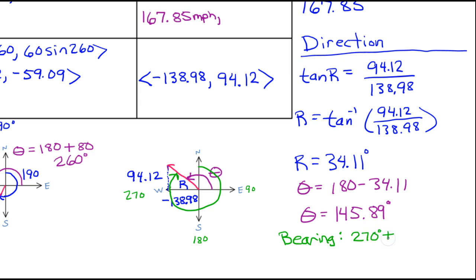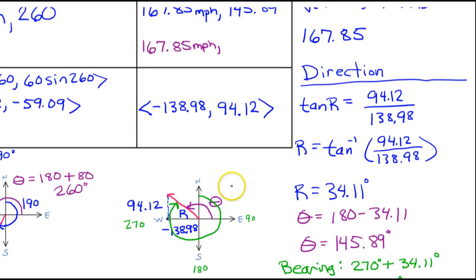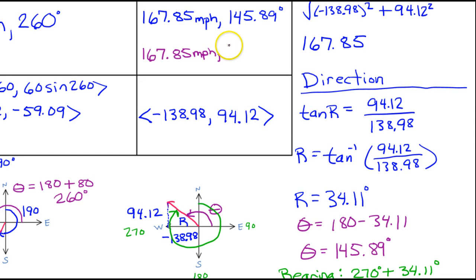And then I went an additional angle R, which was 34.11 degrees. So this is how we will get the bearing. I'm getting 304.11 degrees. So that is what we will use for the final answer.